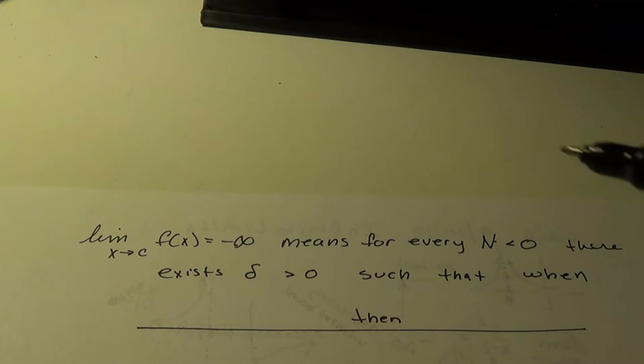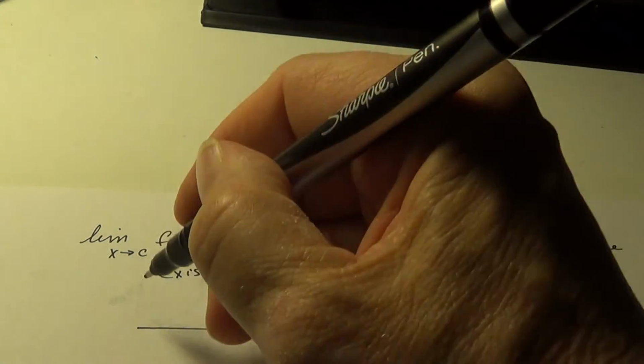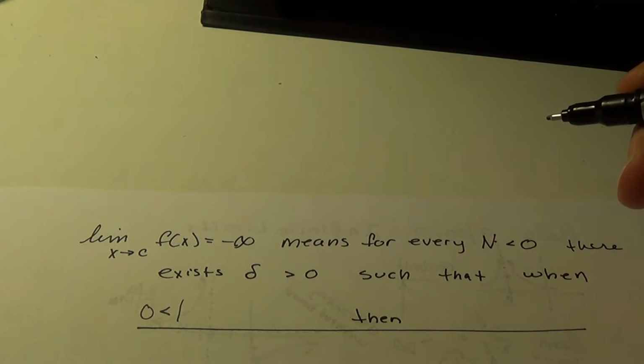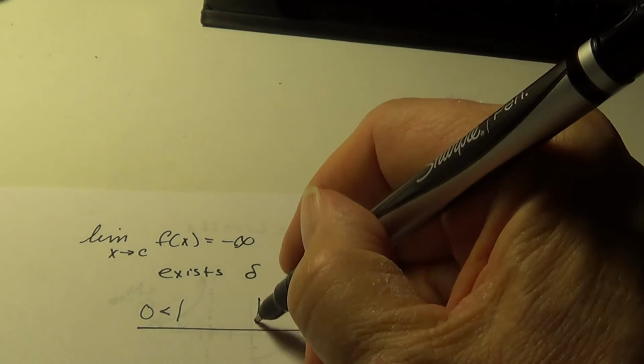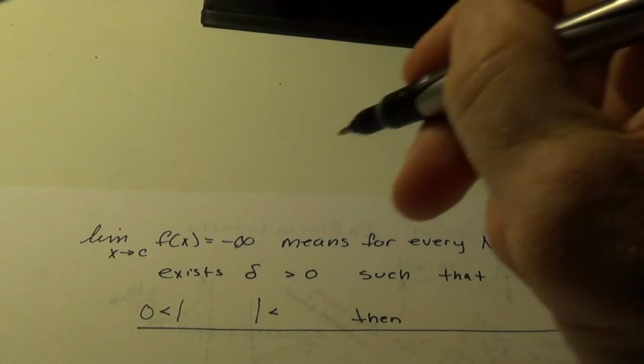When can you do the if-then part? The first part is the delta part. 0 is less than something which is less than something. Should look familiar.